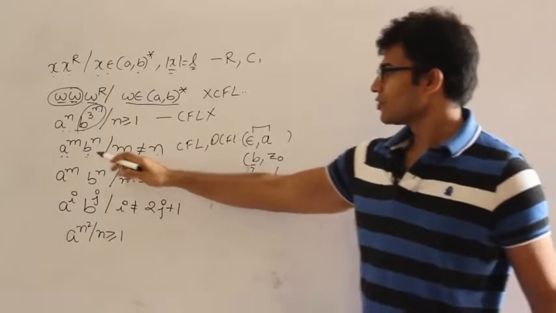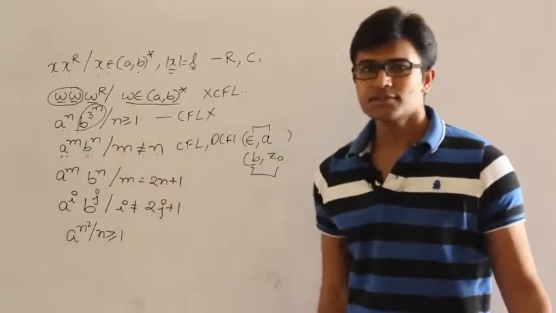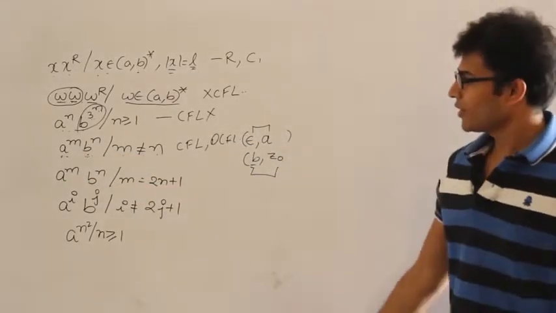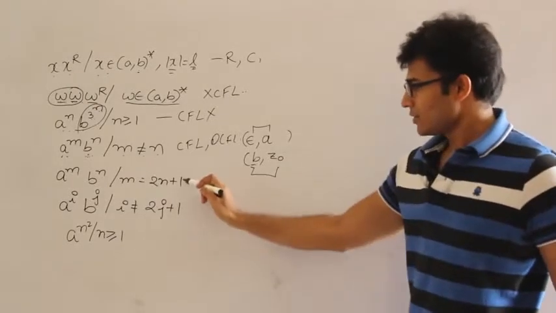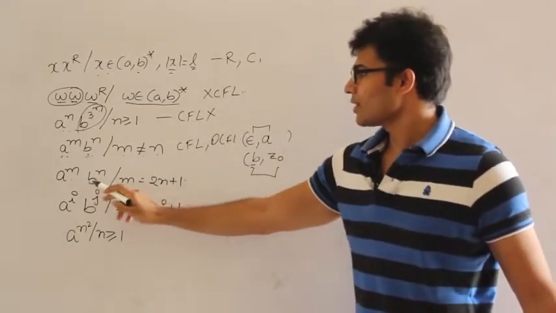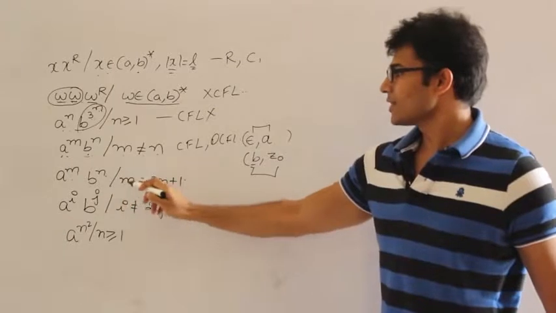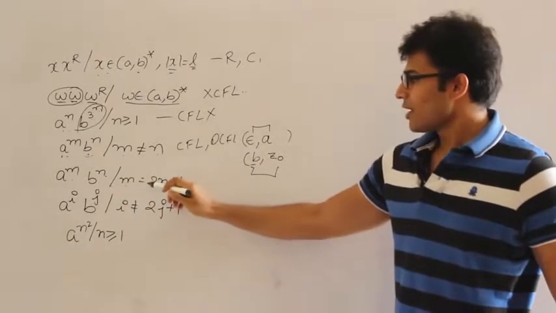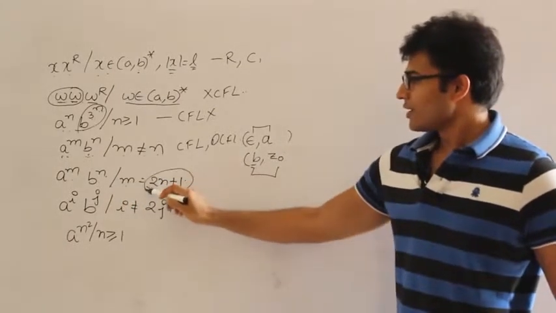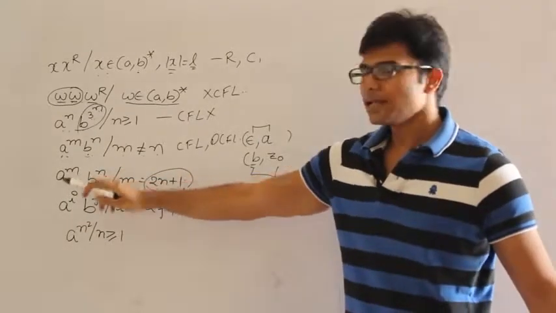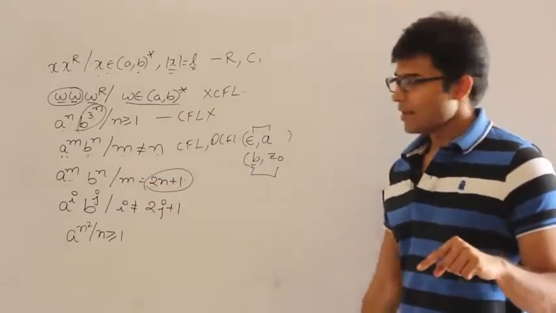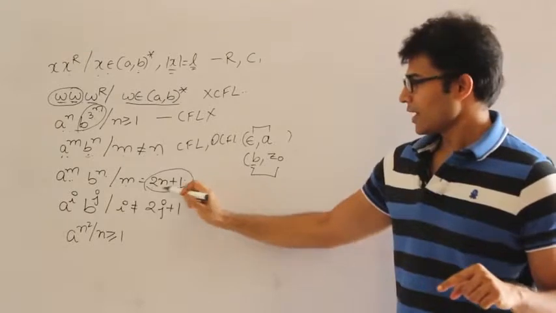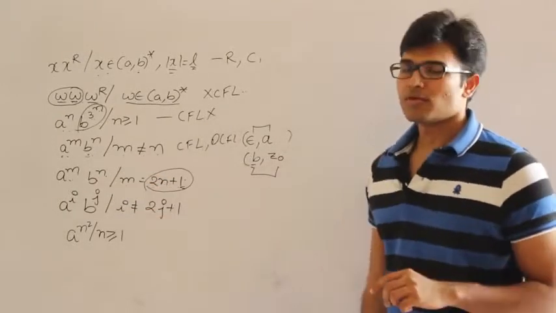Why? Because we know that a's have to be pushed, and for b's a's have to be popped. We know when to push and when to pop. And this one we have already seen, a power m and b power n such that m equals 2n plus 1. What you could do is for every 2 a's you can push 1 a and then leave 1 a, and then for every b you can pop 1 a.